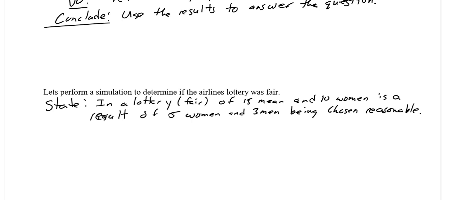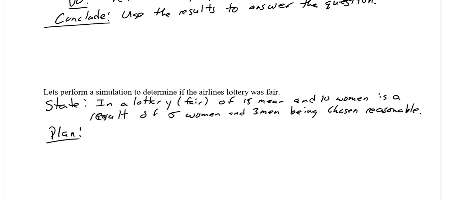Okay. Our plan. Now we could do this various ways. We could say that numbers 1 through 15 are going to represent the men, and 16 through 25 would represent the women, and then we use random integer to pick the numbers. That would certainly be okay. But since they already used a chance process, and what they said they did was use equal-sized pieces of paper, that's an easy one to simulate. So let's use their chance process to simulate their chance process.